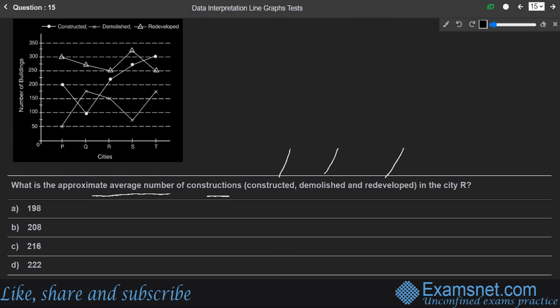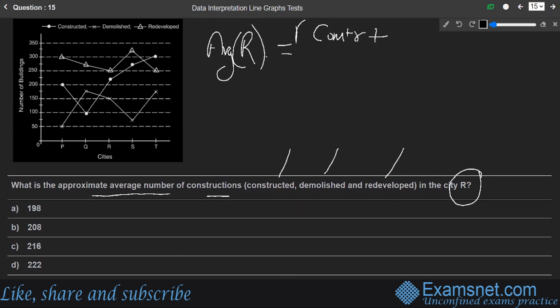So clearly we have to specifically find the data for R. The average for city R is constructed plus demolished plus redeveloped in R, which is the total sum for city R divided by 3, because there can be only 3 categories: constructed, demolished, and redeveloped.